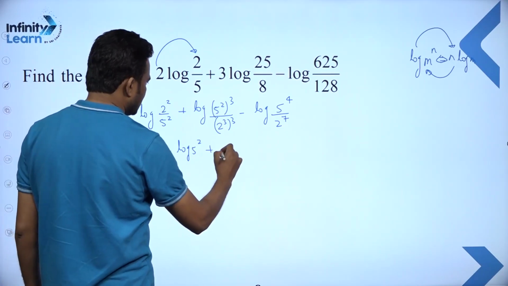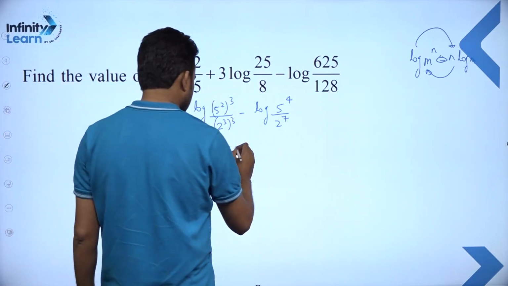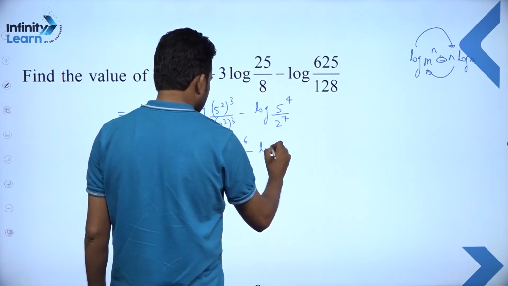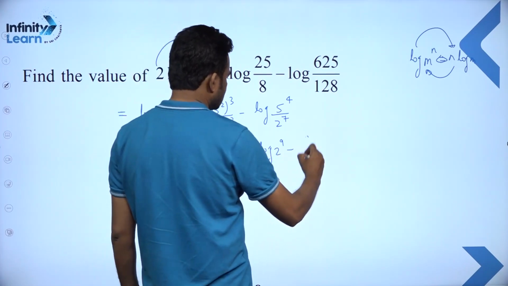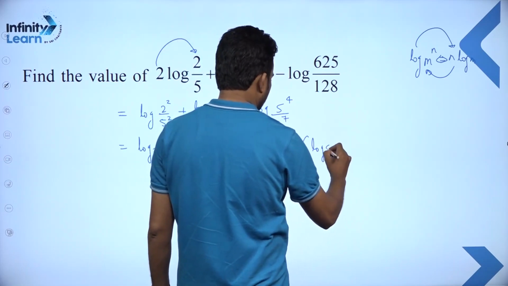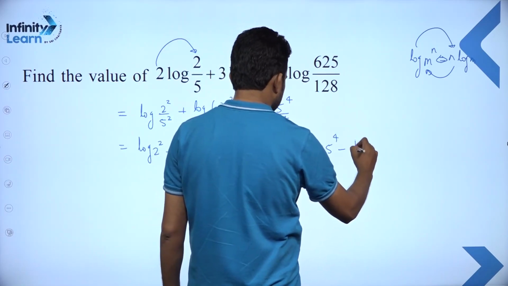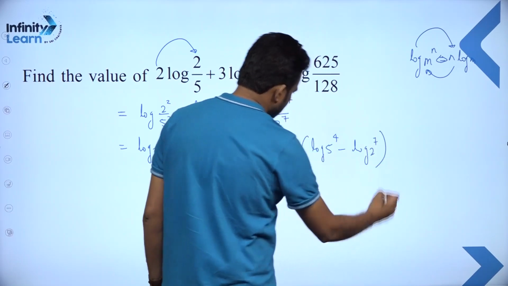And from here we'll get log of 5 square whole cube, which is 5 power 6, so 5 power 6 minus log 2 power 9. And what will we get here, guys? This is log 5 power 4 minus log 2 power 7.